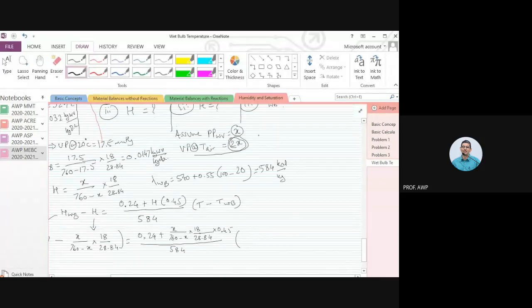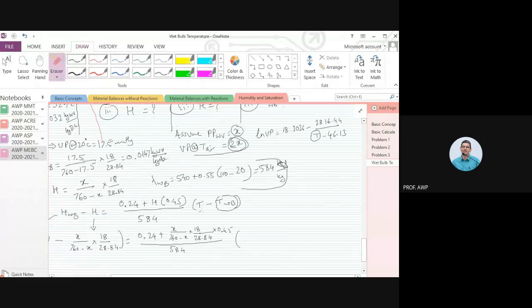So now ln Vp is equal to 18.3036 minus 3816.44 divided by T minus 46.13, and temperature is in Kelvin, right? So be careful, because this wet bulb temperature we are taking in degrees centigrade, but that temperature we are using in Kelvin.